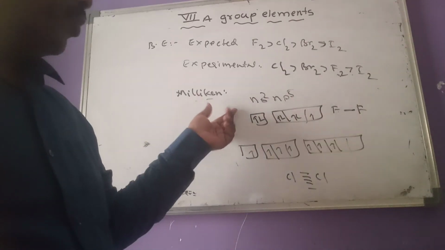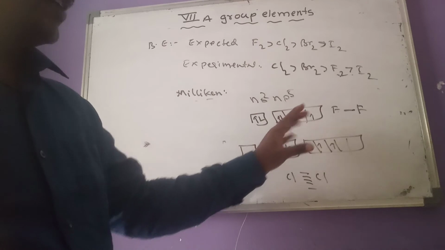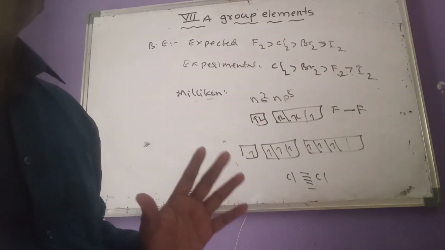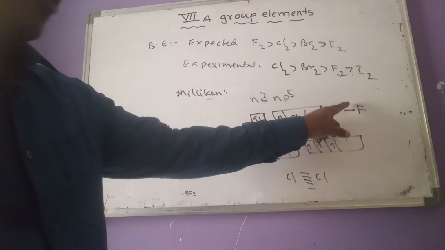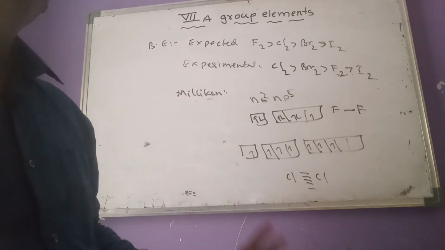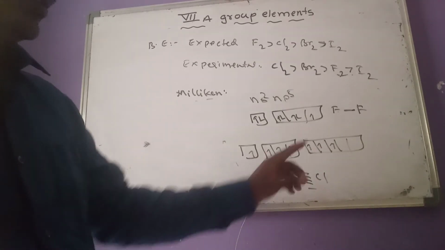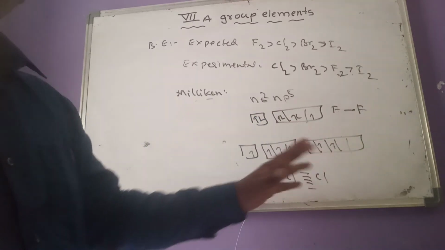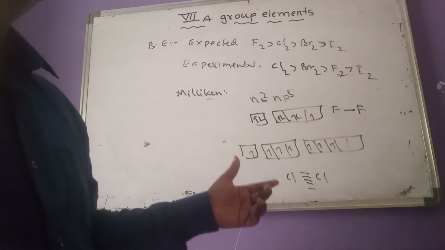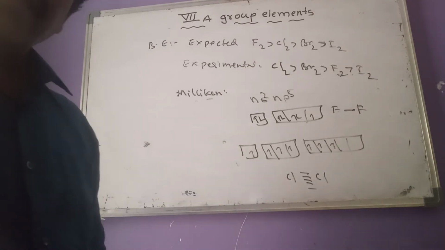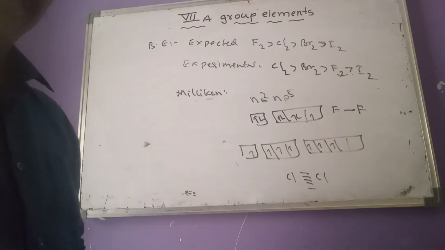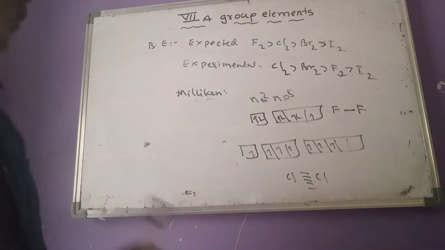So according to Mulliken, the reason for the lower bond dissociation energy of fluorine is that F2 has only a single bond, but the remaining halogens have multiple bonds. But actually this explanation is not true, because between any two halogens, only a single bond is possible. So this is not the correct explanation.